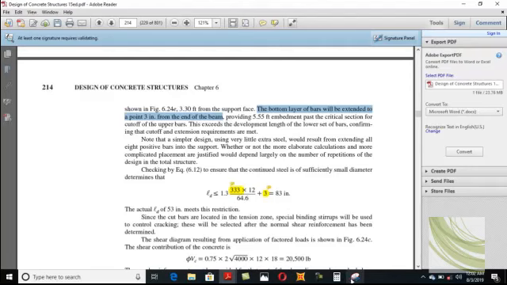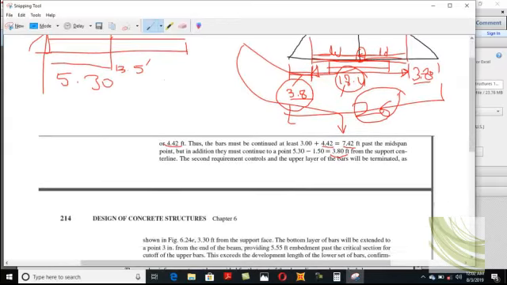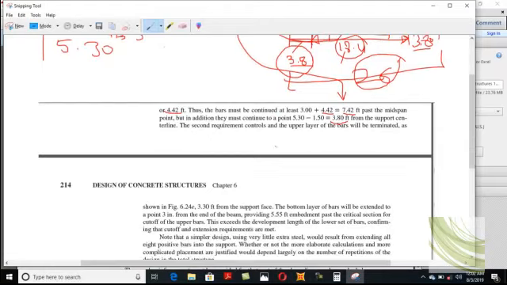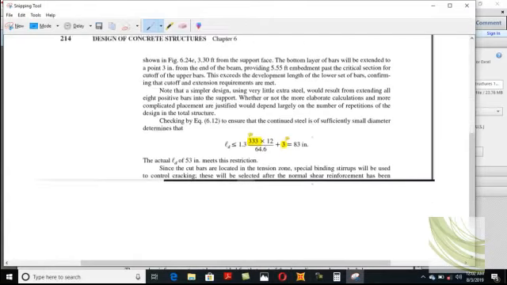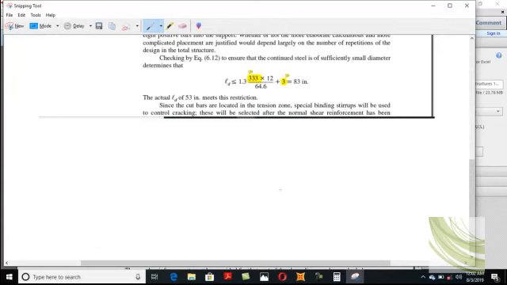Okay, you must know one thing, that the 5.30 feet is basically counted from the center line of the support. Okay, these things must be clear. Please give some attention to this point.